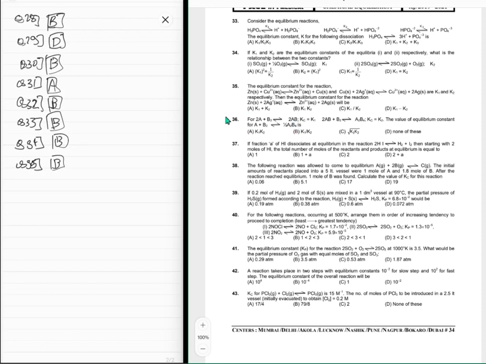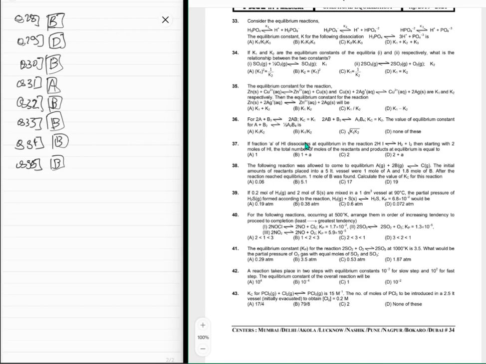Question number 36. For this reaction, Kc is K1. And for this reaction, it's K2, the value of the equilibrium constant. So 2AB plus B2. Could you just add both of these reactions? No, that would give us a different thing.